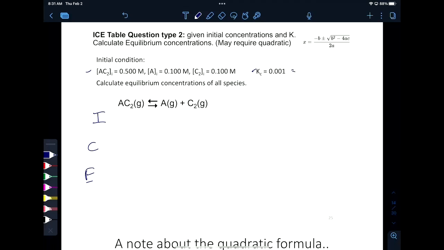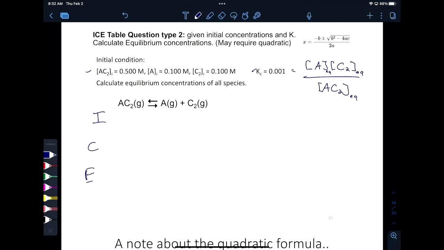So let's just write our equilibrium expression real quick here. All right, so Kc is a small number, products over reactants. So A times C2 over AC2 is our Kc expression. So we need equilibrium concentrations in here to figure out Kc.